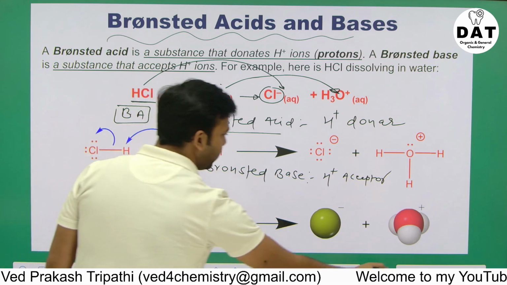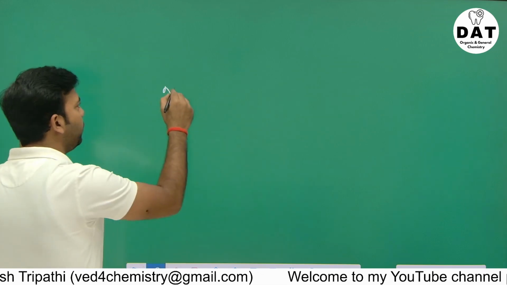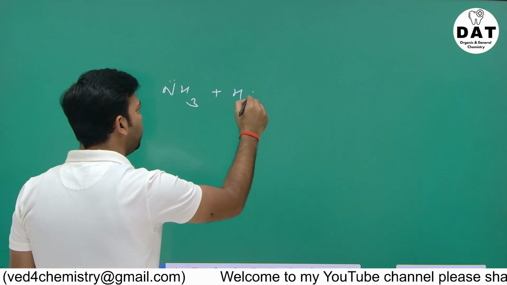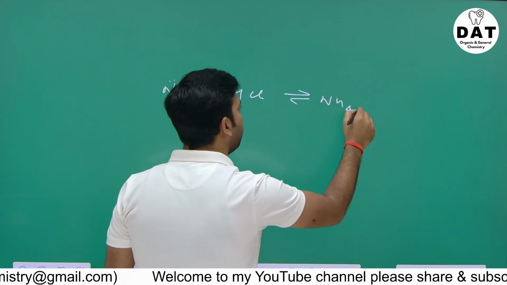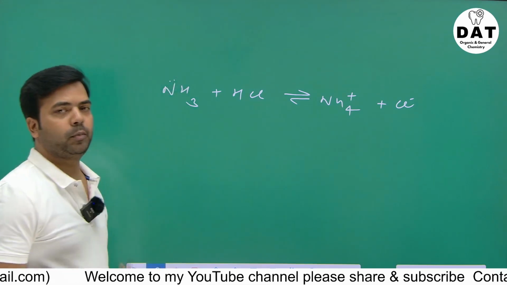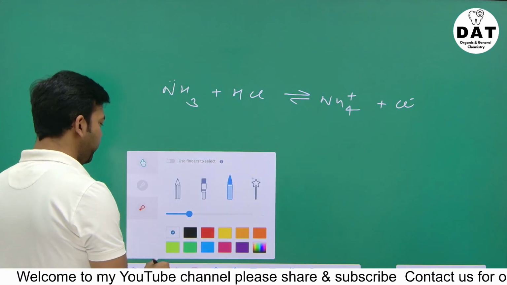Suppose I have an example. Here we have ammonia and HCl. It gives you NH4 plus and Cl minus. Let me know which one is my Bronsted acid and which one is a Bronsted base. So please compare this.